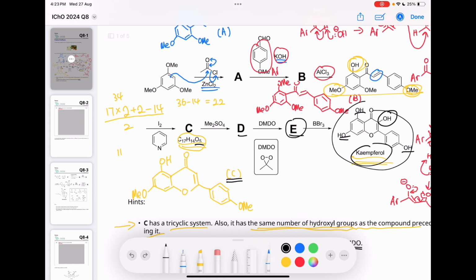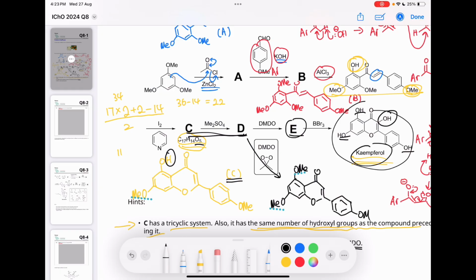With all this information, we know that from C to D, what gets added is probably a methyl group. So where can a methyl group be added? Well, the only answer is here. So structure D is this structure.